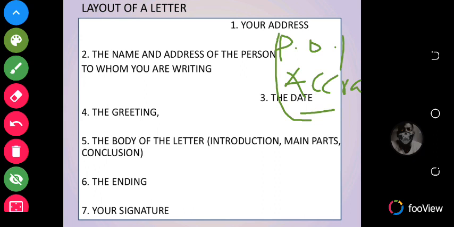Sometimes you can also write your name at the top. For instance, I'm writing my name, Gomashi Gabriel, at the top, and then the PO box, and then Accra North, and then the date follows.